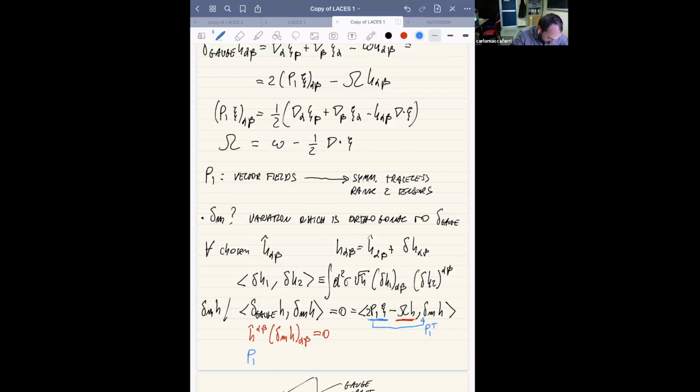This one really defines the real equation for the moduli. You should not be scared by this P₁ transpose operator, because it is just given by this covariant derivative: ∇^α δ_M h_{αβ} equals 0.